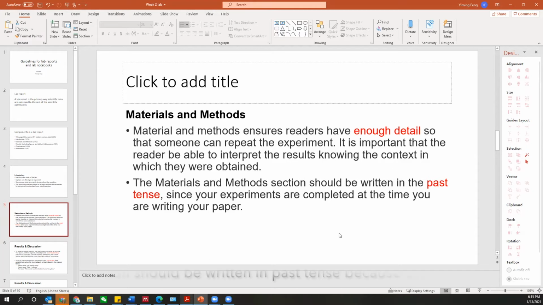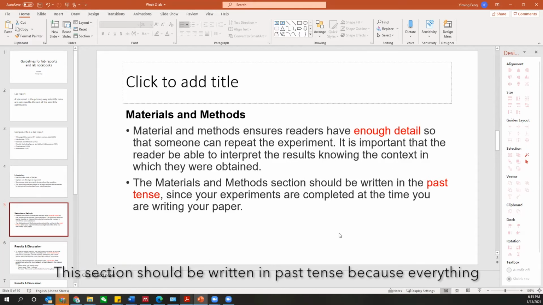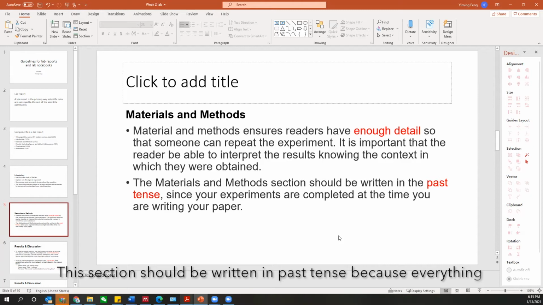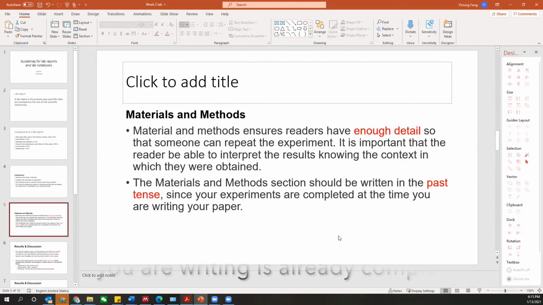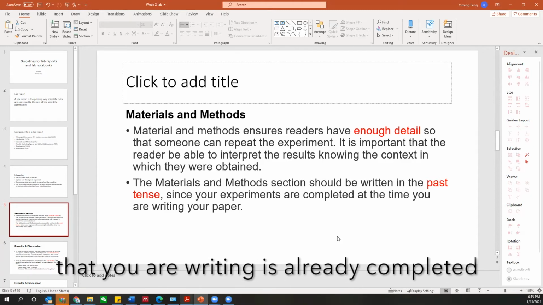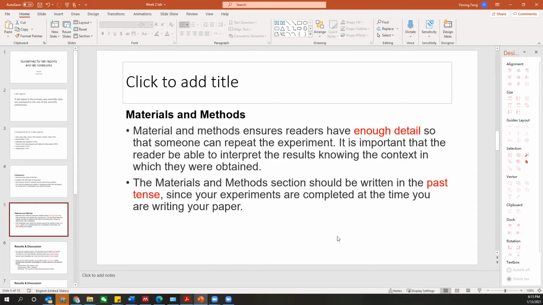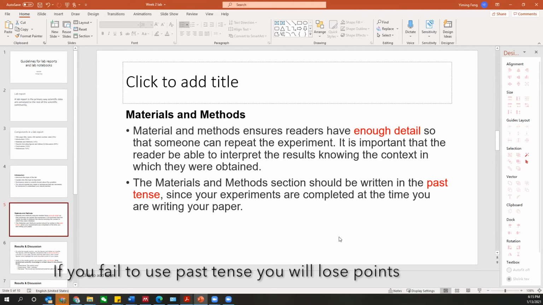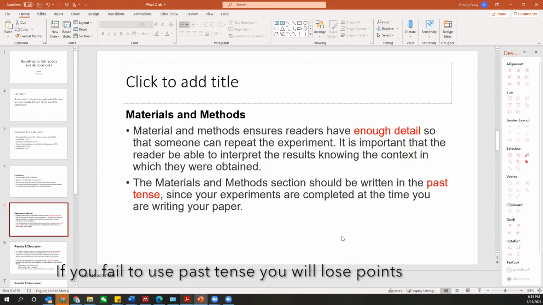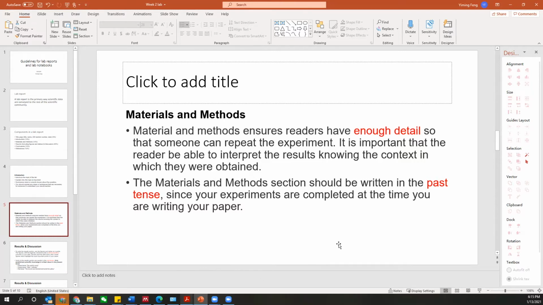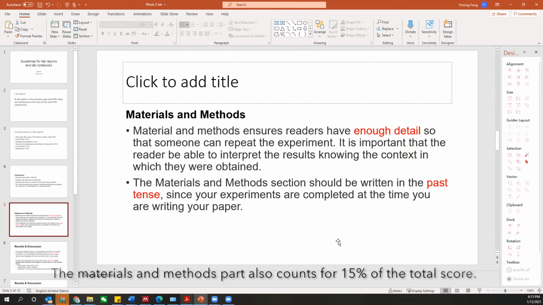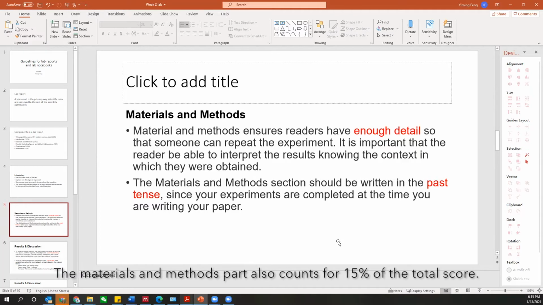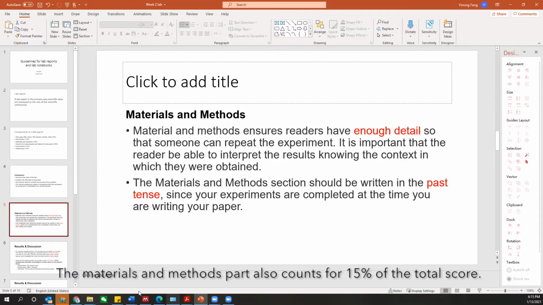This section should be written in past tense because everything that you are writing is already completed. If you fail to use the past tense, you will lose points. The materials and methods part also counts for 15% of the total score.